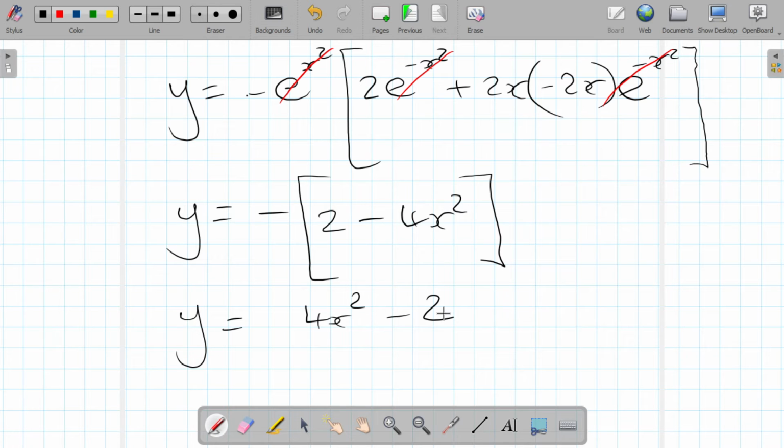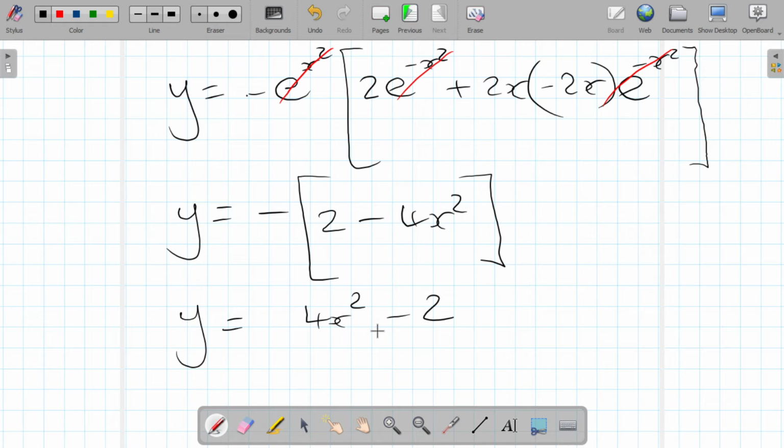And that is indeed a Hermite polynomial for the case of the Hermite equation when n is equal to 2. That is the first linearly independent solution, a Hermite polynomial for the case when n is equal to 2.